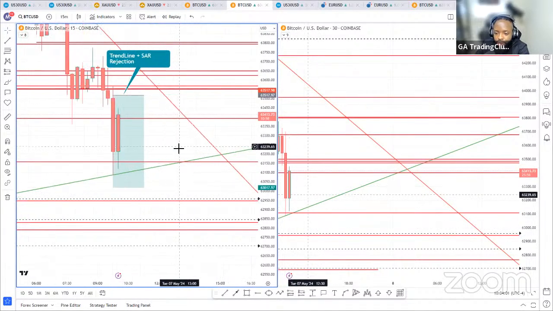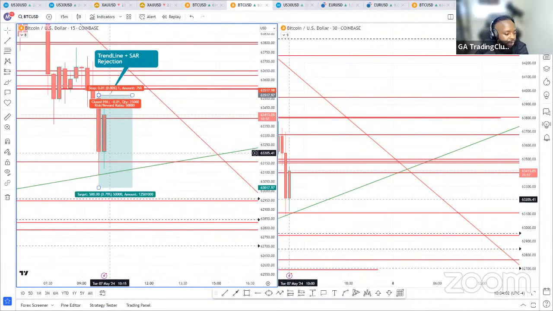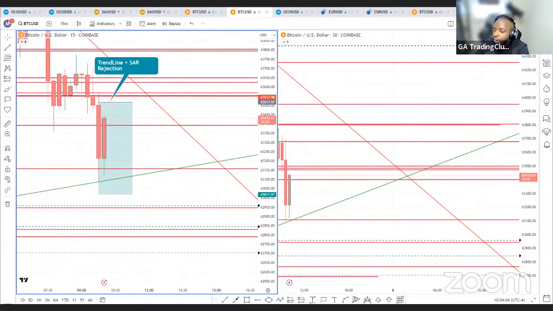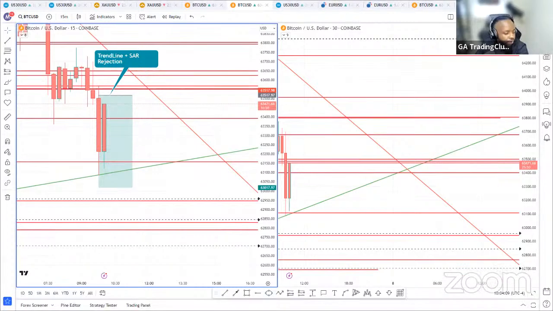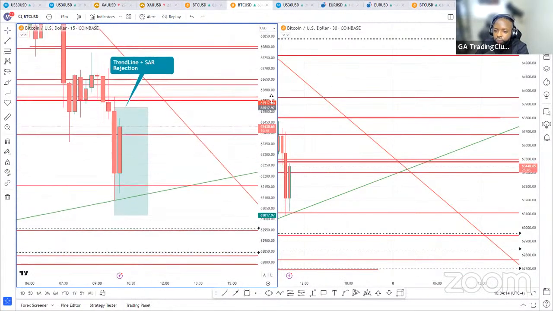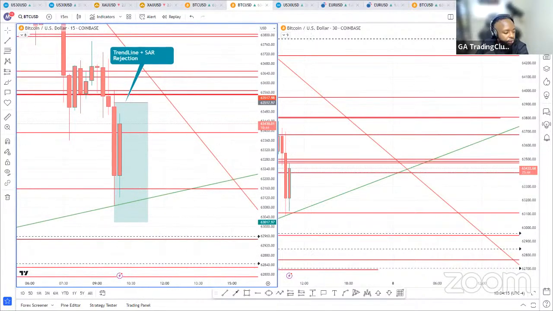We are definitely in a 15 demand area, but I was looking for a ride to TP for that entry on BTC. Let's see how this goes, if we get a reversal.